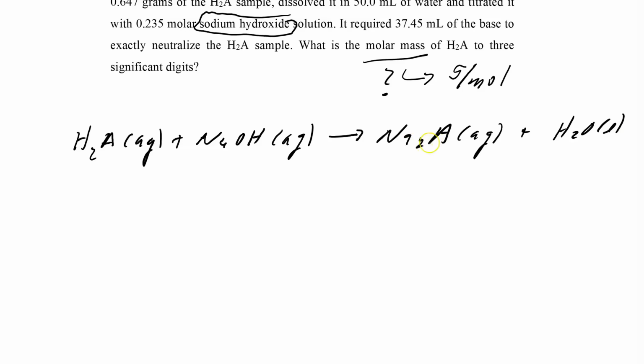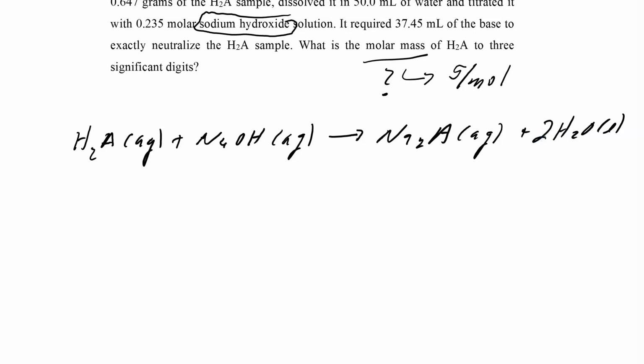So with the two sodiums now on the product side, I need a 2 in front of the sodium hydroxide on the reactant side. 2 plus 2 is 4 hydrogens. I need 4 on the oops, wrong number. We're going to put a 2 in front of that water, not a 4. So now we have a balanced chemical equation.